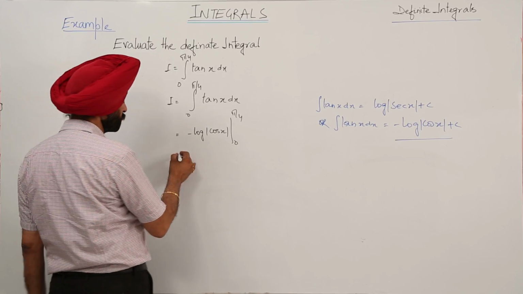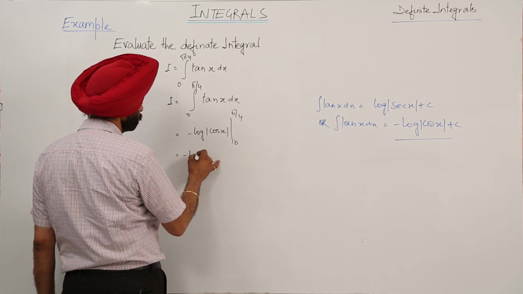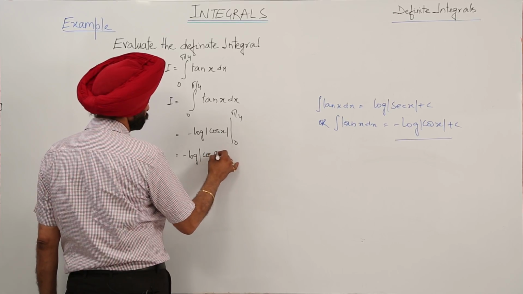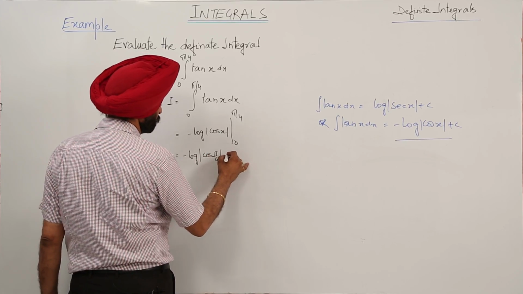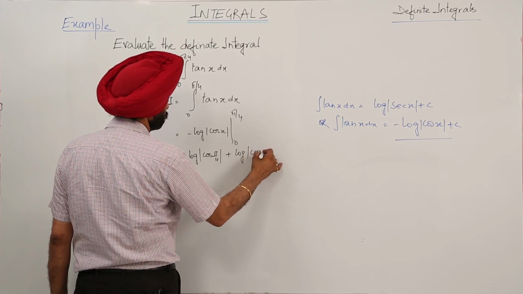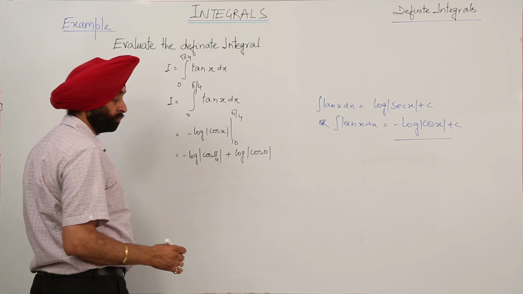Is it clear? So now this becomes minus log cos pi by 4 plus log cos 0.